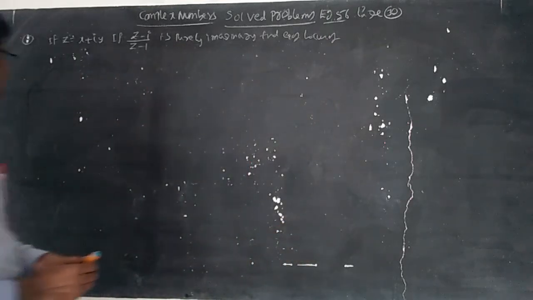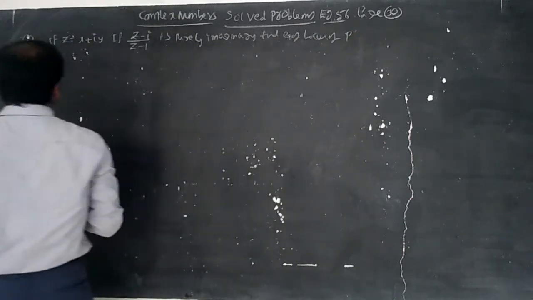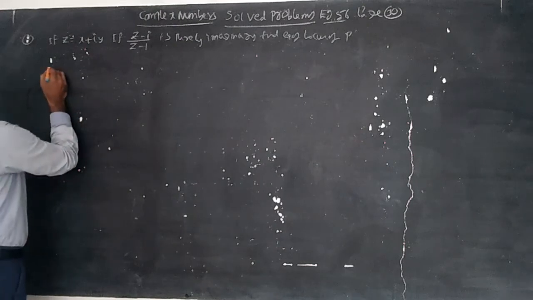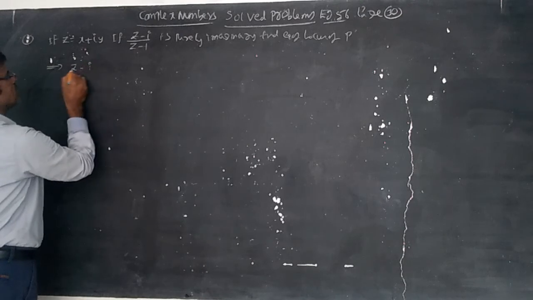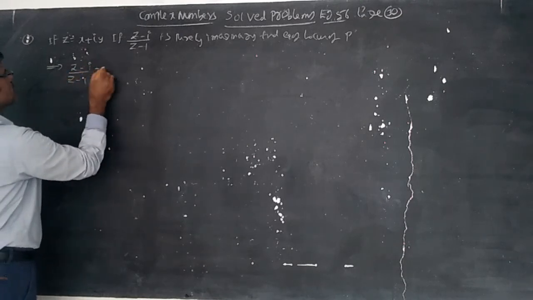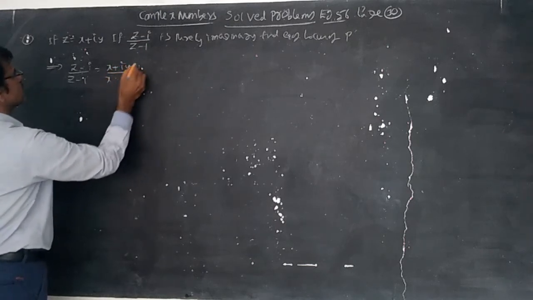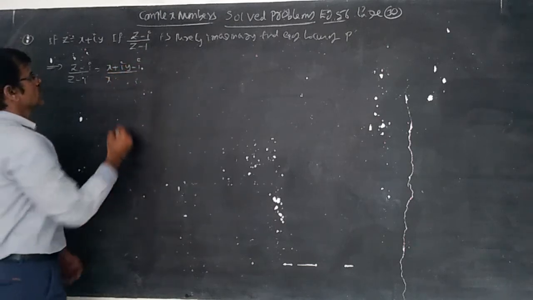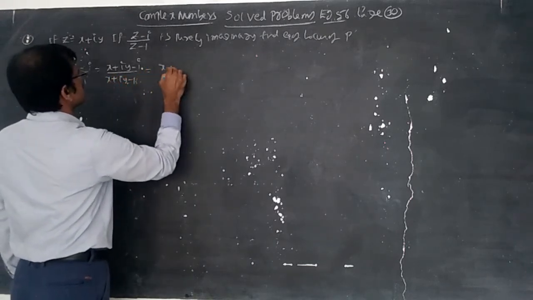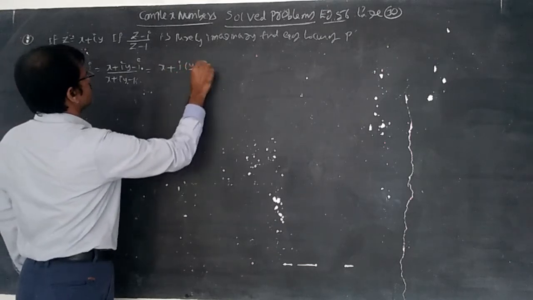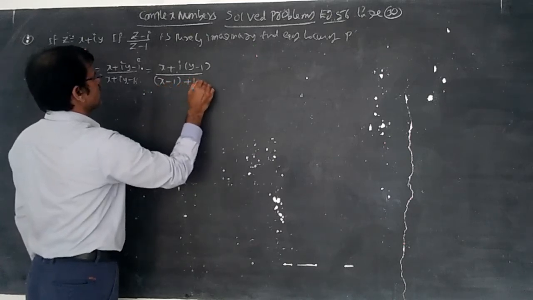Given that point P denotes z is equal to x plus iy, that implies we can write (z minus i) by (z minus 1) is equal to (x plus iy minus i) by (x plus iy minus 1), which is (x plus i(y minus 1)) by ((x minus 1) plus iy).